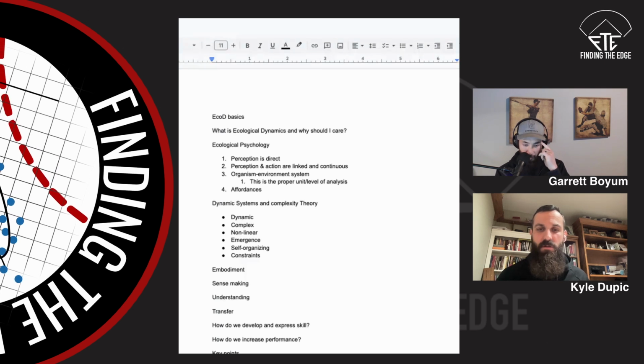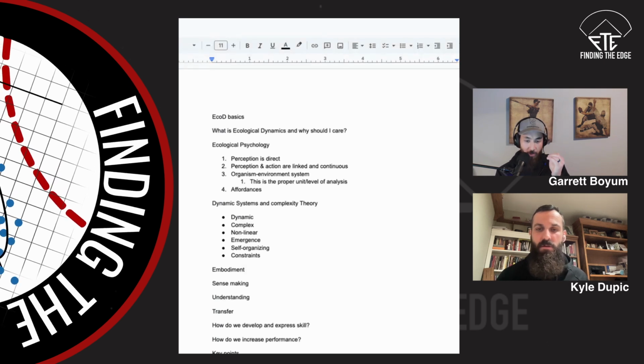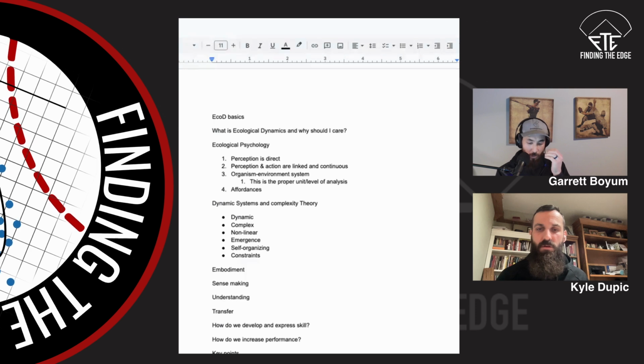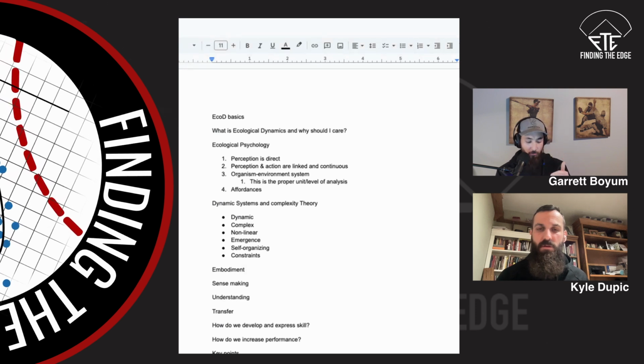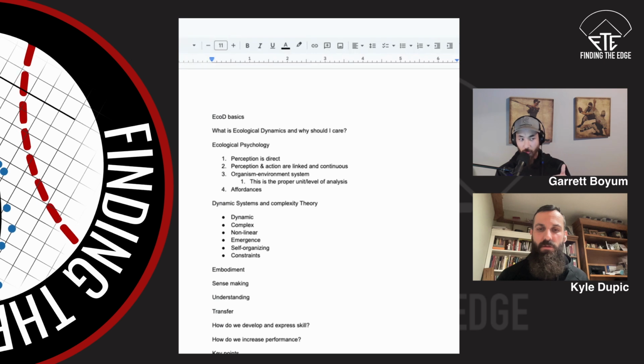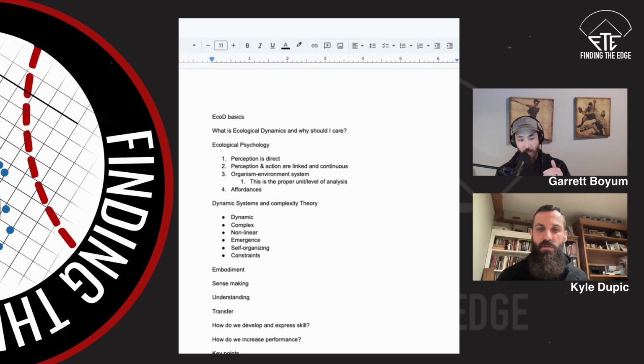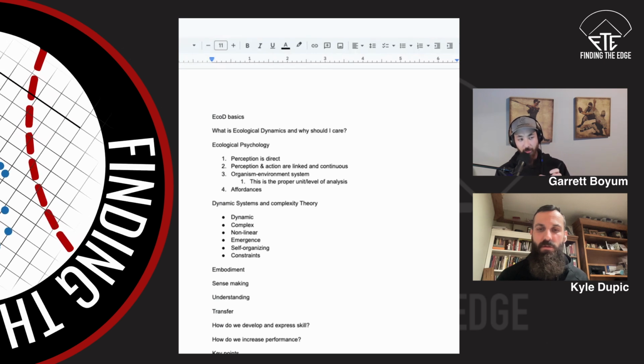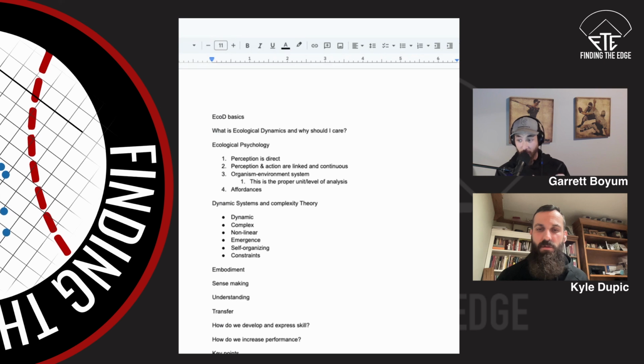When you analyze your athlete and athletic behavior, athletic movement, you need to think about it in terms of the athlete, the environment, and the interactions between them.